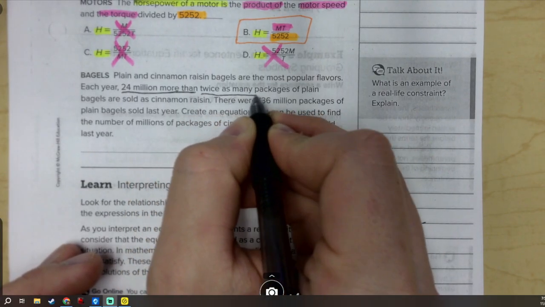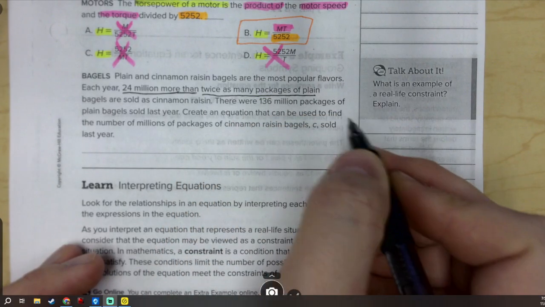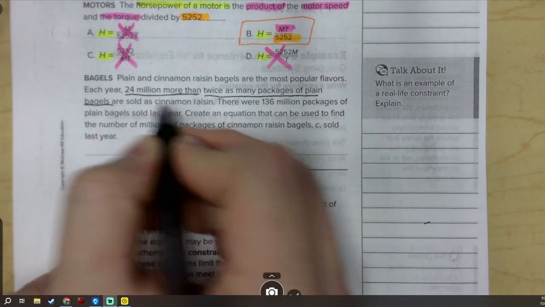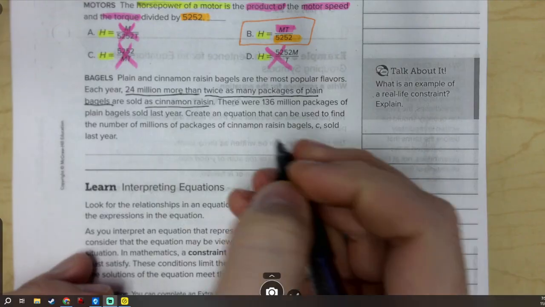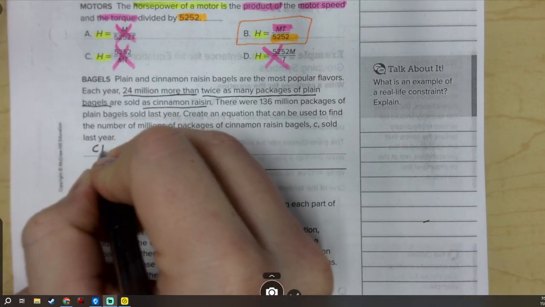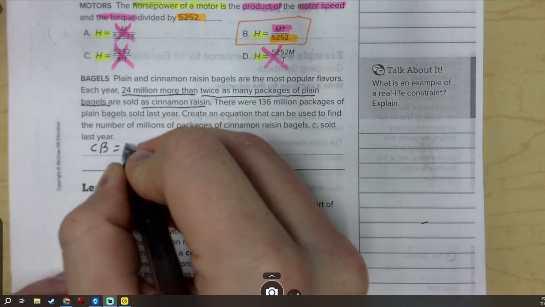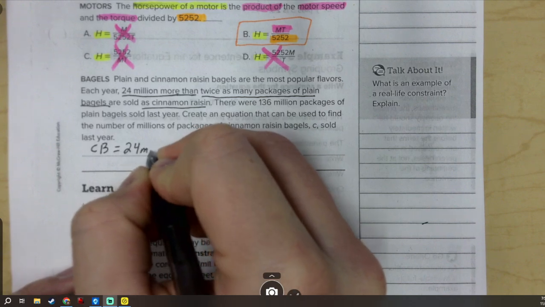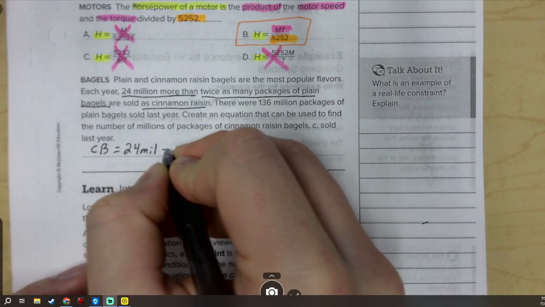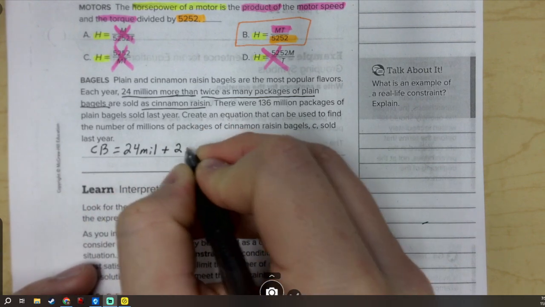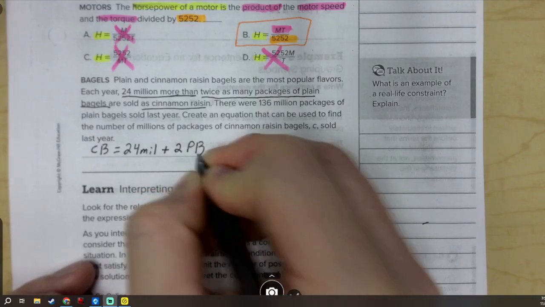Then twice as many packages of plain as cinnamon. All right, so cinnamon bagels equals 24 million plus 2 plain bagels.